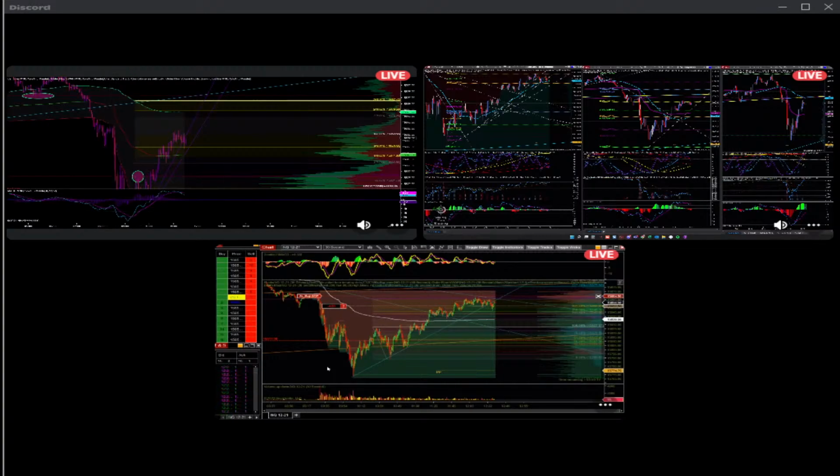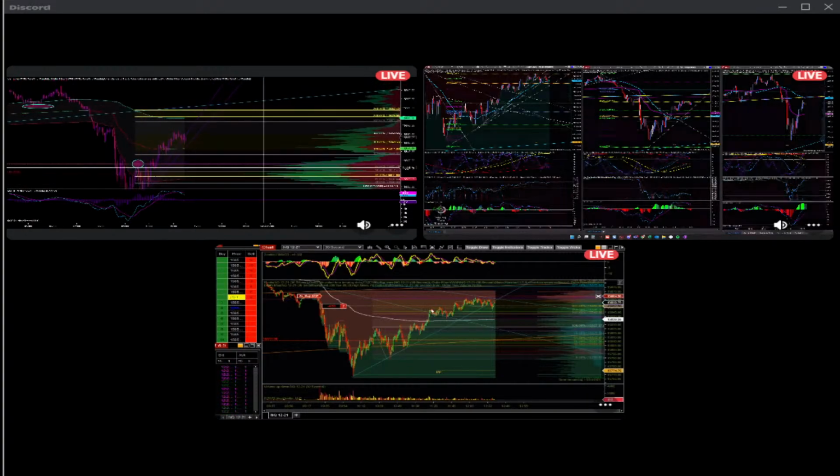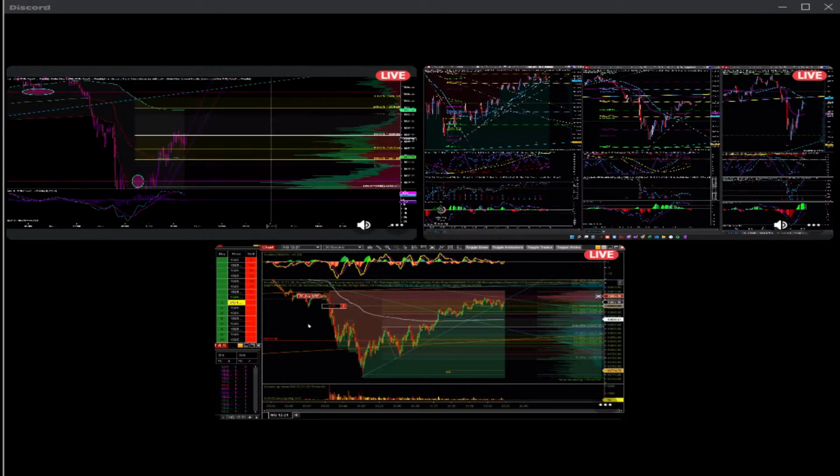I hope anybody that took this trade did not mess it up like I did, going into another account and not taking profit when I should have taken profit. Sorry about that, guys. Maybe I'm a little off today. I don't know why.